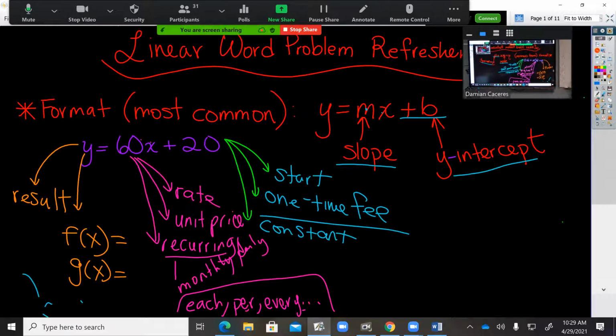Any variable with an f, a parenthesis, and an x in the middle, that could be represented by y. It means the same thing. These are the results of an expression that's next to the equal sign. Copy it all down.